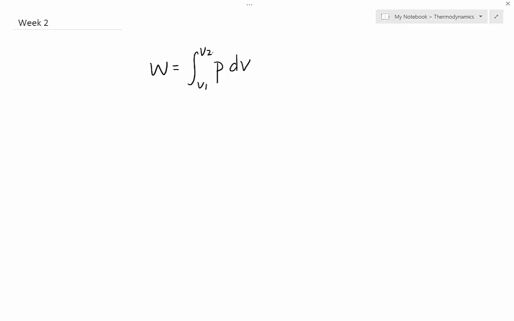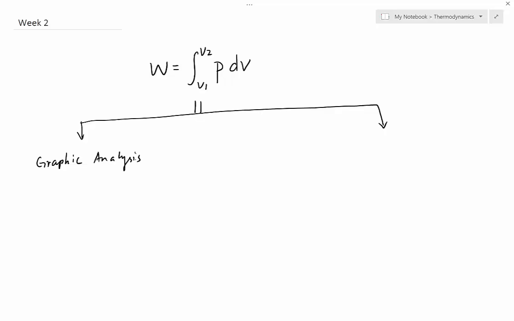Starting from this fundamental equation, we analyzed it in two different ways. The first method is the graphic analysis.